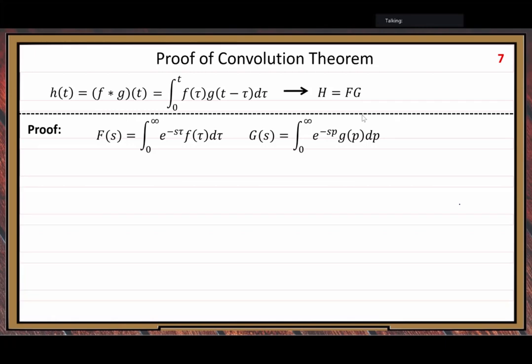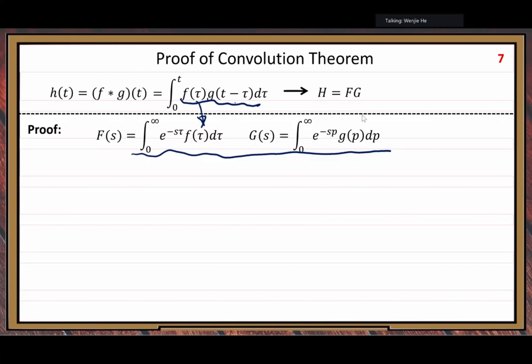Then we need to do the product, but when we do the product, we try to target the convolution structure. Here, in the convolution structure, the product of the little f function, compare it with the functions we have here. f of tau corresponds to f of tau here, so that's perfect, nothing to change.